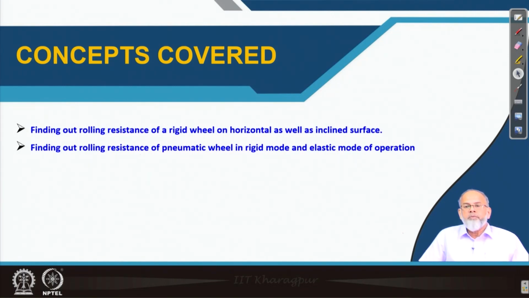When I say pneumatic wheel, there will be two modes of operation, one is rigid mode and the other one is elastic mode, and how to find out rolling resistance in these two modes of operation, that we are going to discuss with the help of simple problems.